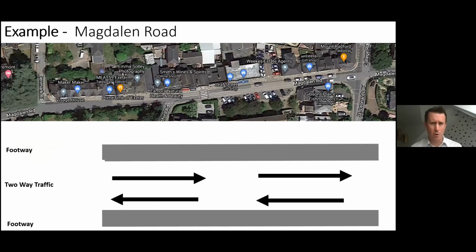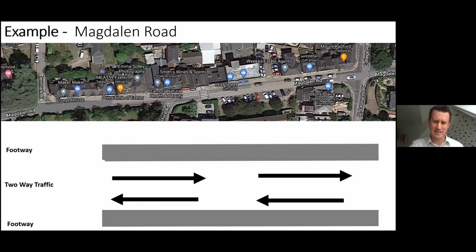Another example in a more urban setting is Magdalen Road in Exeter. This is a popular neighbourhood centre with around 25 to 30 independent shops. We made changes as part of the emergency active travel measures, and there was previously a footway on both sides, with two-way traffic between the buildings.